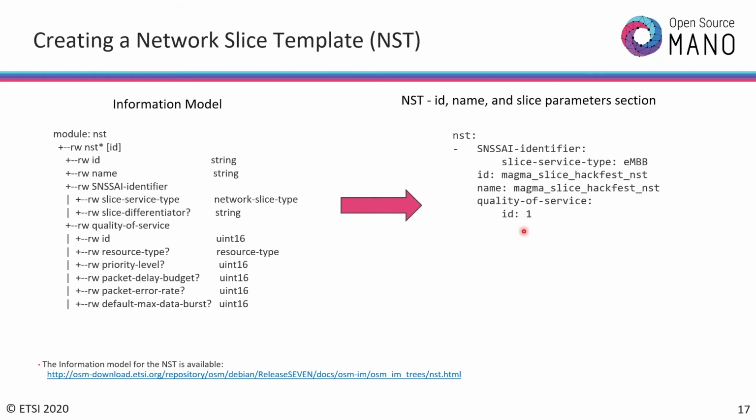But nowadays it's just a reference for the operator that will deploy this network slice template to allocate the hardware and use the right VIM to perform this operation. It's not something that happens automatically.